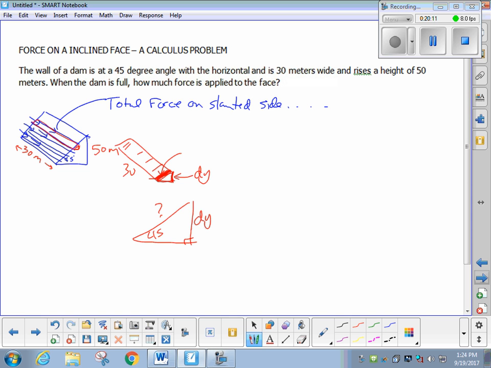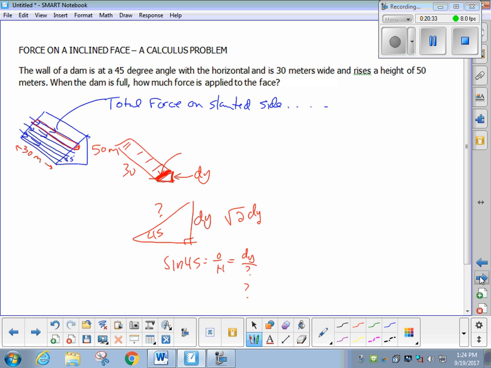Shall I go get an algebra 2 kid to solve this right triangle trig problem for us? Root 2 dy. No, sine is opposite over hypotenuse. That's dy to question mark.